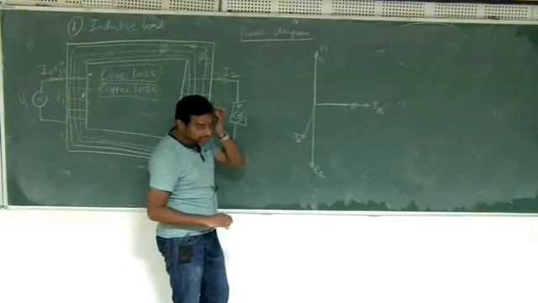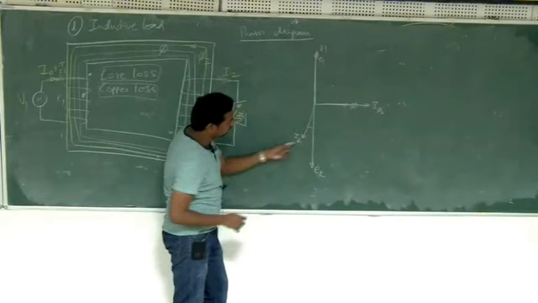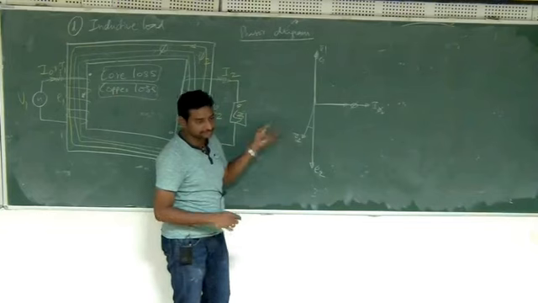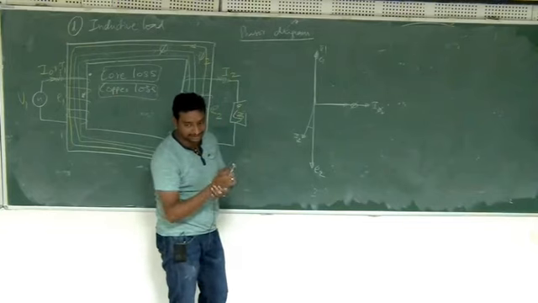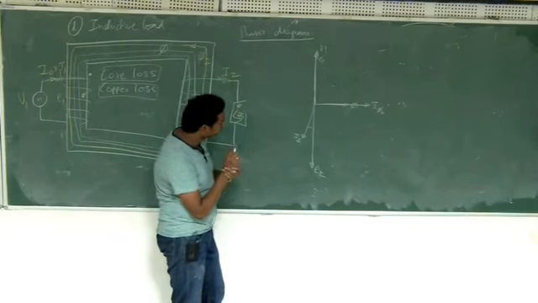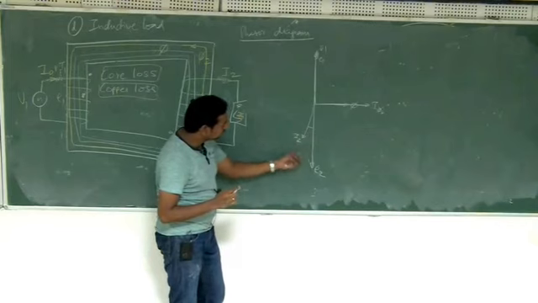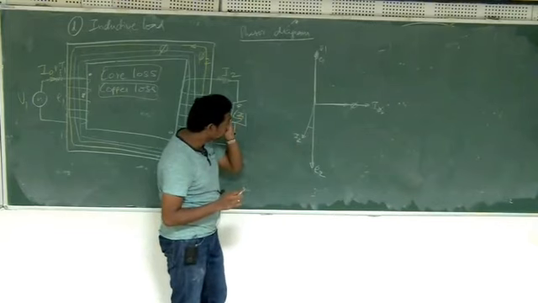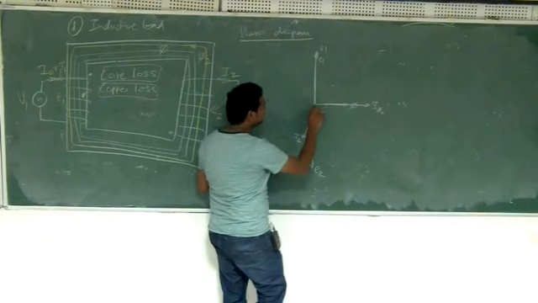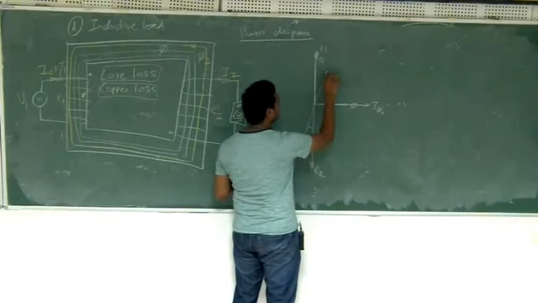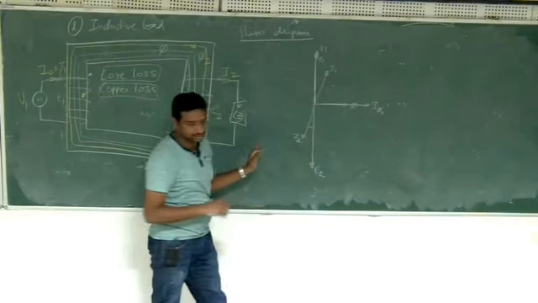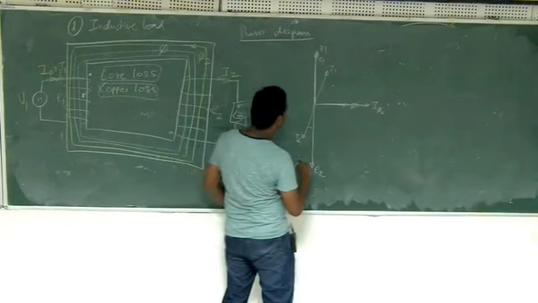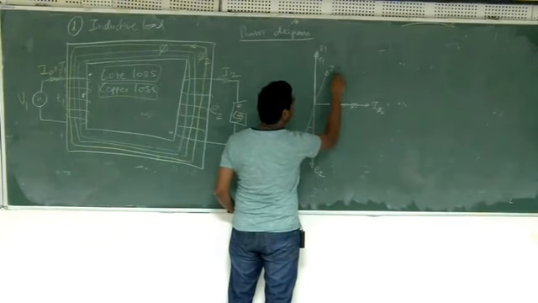So this is phi 2, the power factor angle of the secondary side. If I2 is lagging E2, then exactly the opposite current will be coming on the other side. It is called I2 dash.